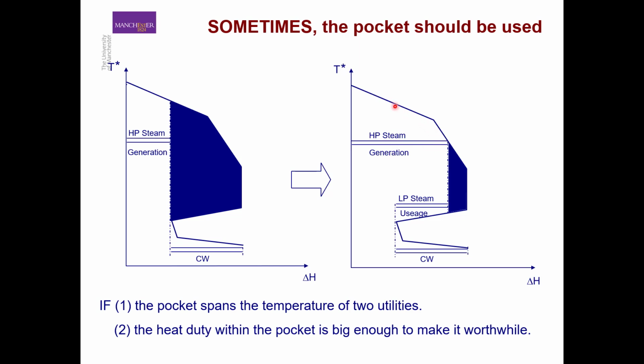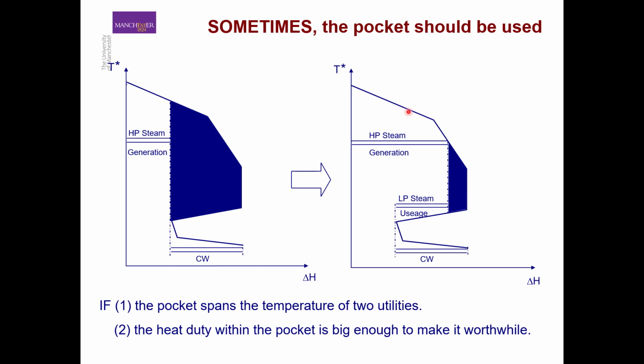So the heat that was used, for example this part of the heat that was used to supply these cold streams, is now being used to generate extra high pressure steam. And by producing extra high pressure steam, we can generate more power because we can give this high pressure steam to a steam turbine and that can generate power.